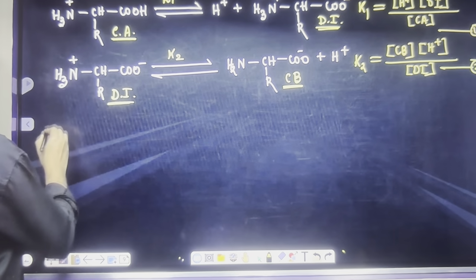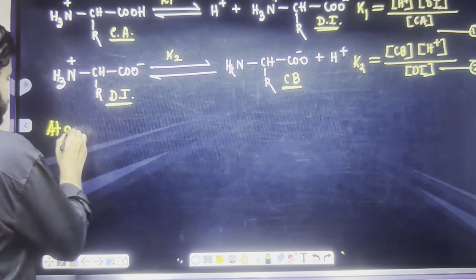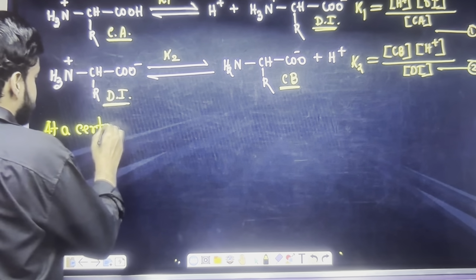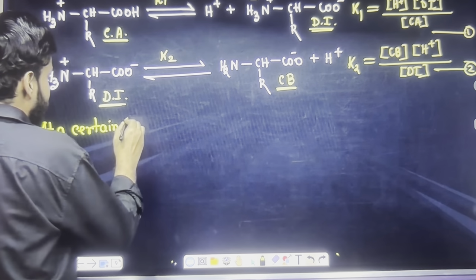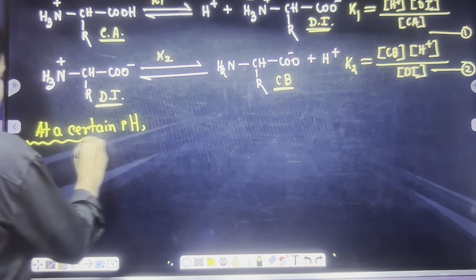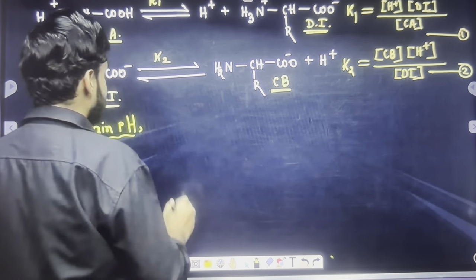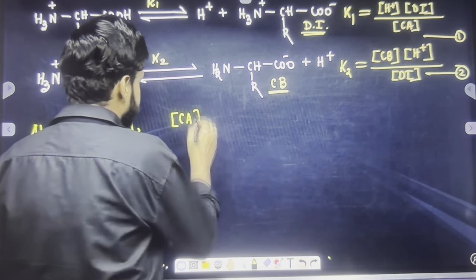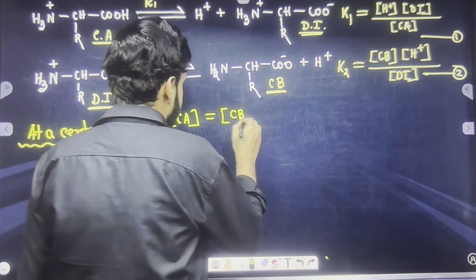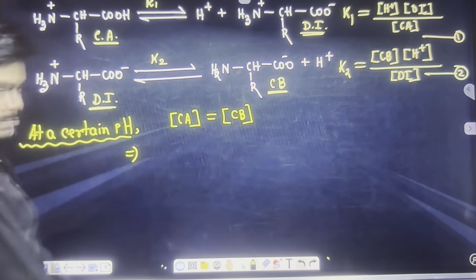So we can write now that at a certain pH, we don't know what the value of the pH will be, but we can definitely write that at a certain pH, the conjugate acid concentration and the conjugate base concentration will be the same.